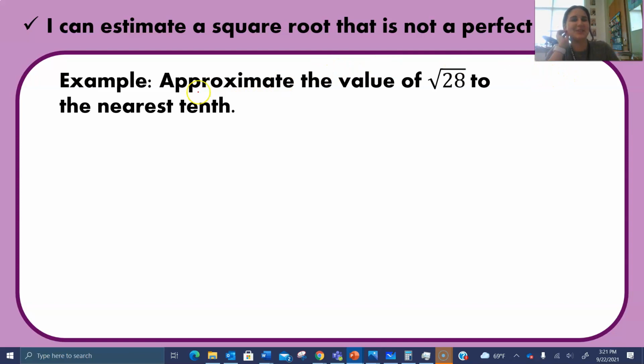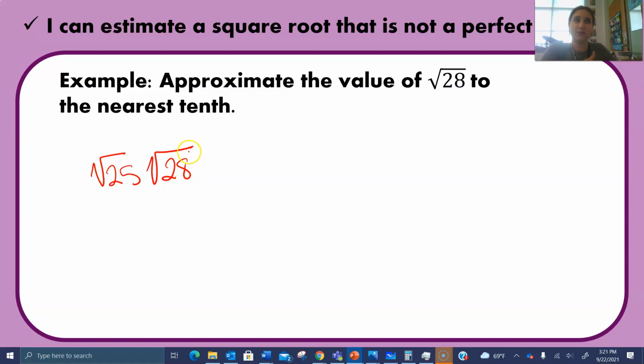Okay. Let's approximate the value of the square root of 28 to the nearest tenth. So we're going to do this one all out. We're going to start with the square root of 28. Look for which two perfect square roots are near that. So maybe get your list of perfect square roots out. I know that the square root of 25 is pretty close to that.